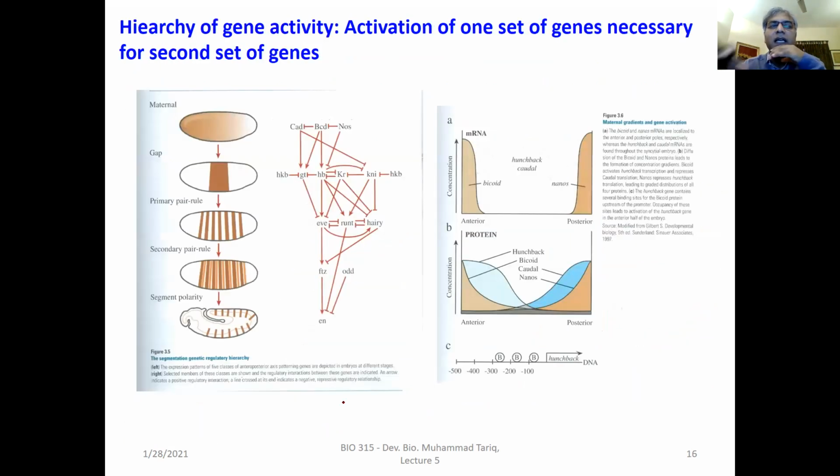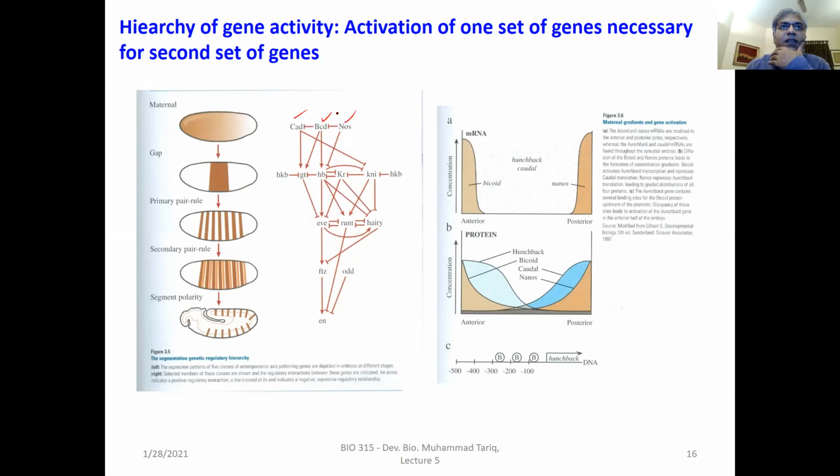So now, what is happening if we try to draw the embryonic molecular picture? Immediately after fertilization, the hierarchy of gene activation takes place as a result of translation of these maternal genes.